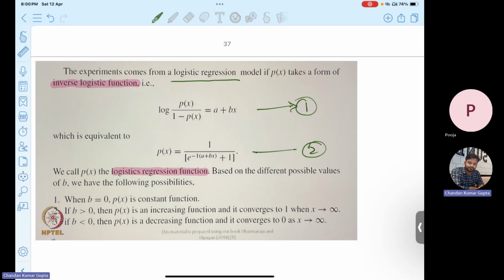When b is 0, our logistic regression function is a constant function. For b greater than 0, it is an increasing function and converges to 1 when x tends to infinity, and for b less than 0, it is a decreasing function that converges to 0 when x tends to infinity. So these are some of the properties related to the logistic function.